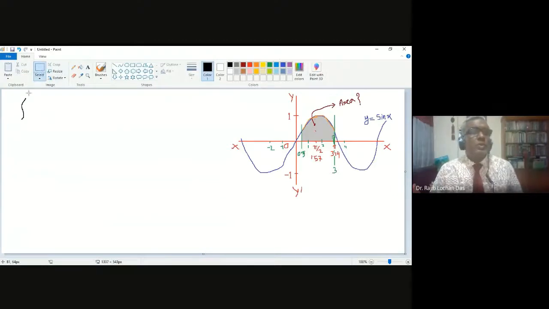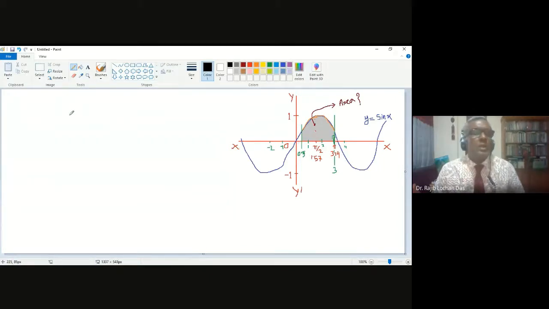So how will you start? If this is given in your question, you understand that the area is shaded here, the upper side is the graph, given as y equal to sin x, the lower side is the x-axis, the left side is the 0.5 boundary, and the right side is the 3 boundary.